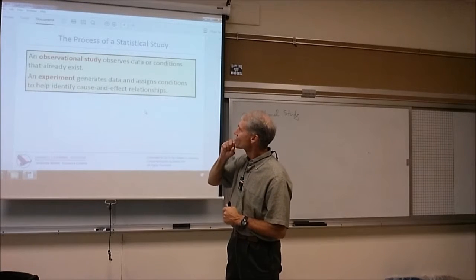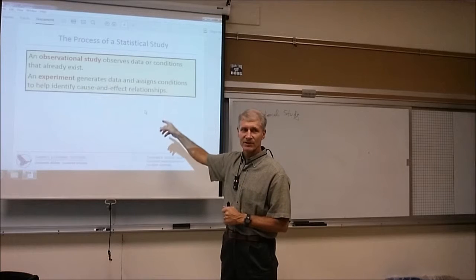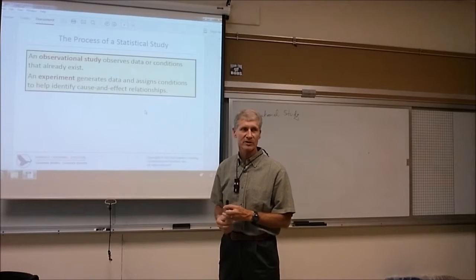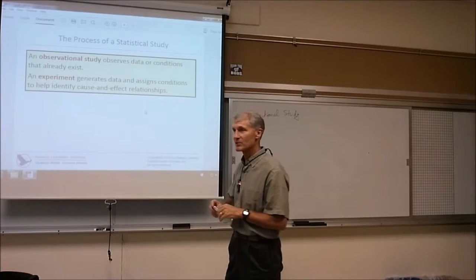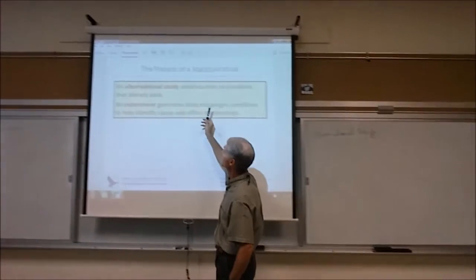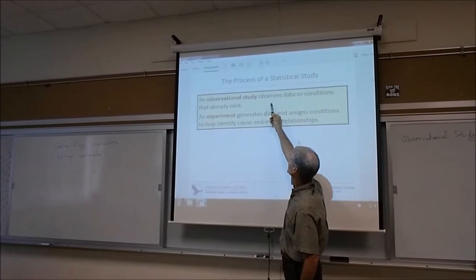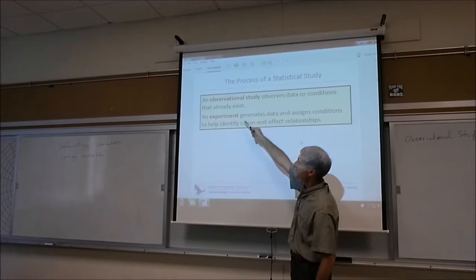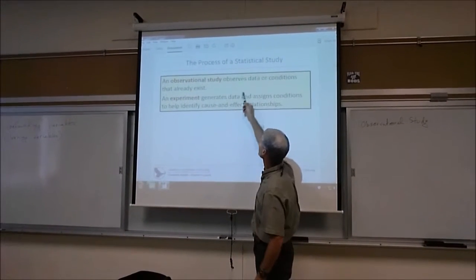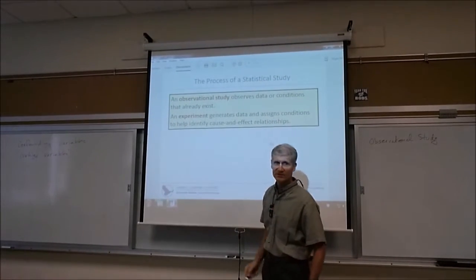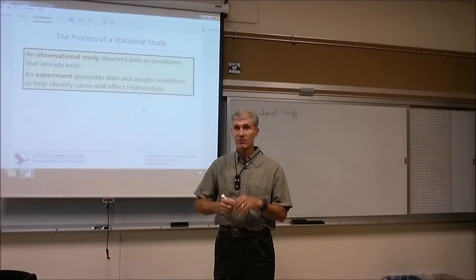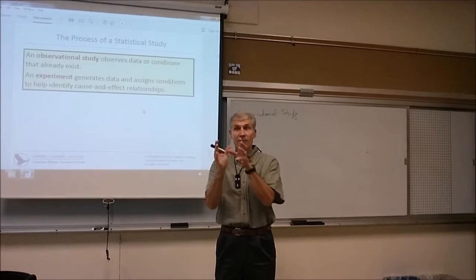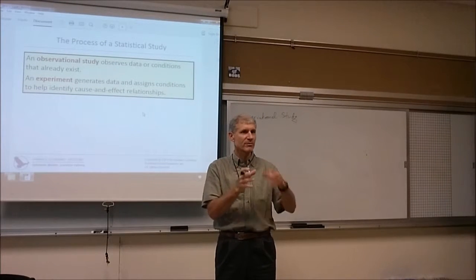Okay? So anyway, I added to the definition for both of these from what's in the book, because I don't feel like the definition they gave is quite complete. All they say in the book is an observational study observes data that already exists. I said data or conditions. Because even later in the section, they'll say one type of observational study follows people long-term through time.